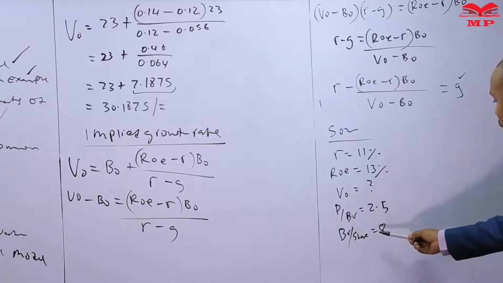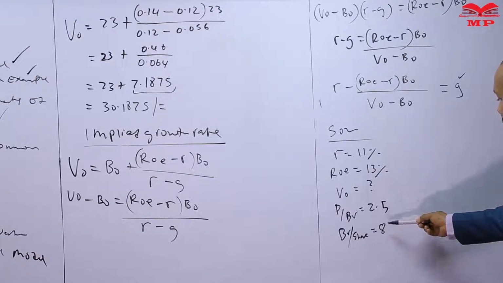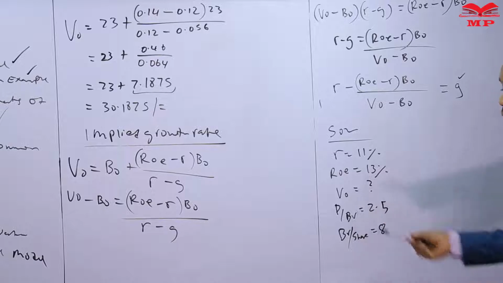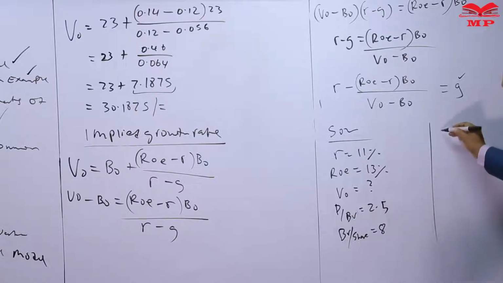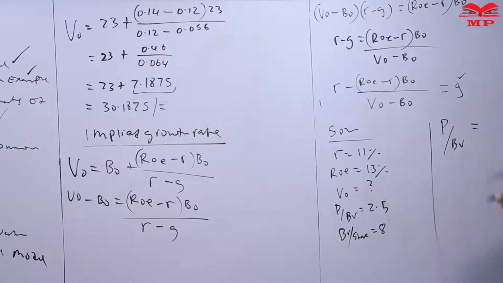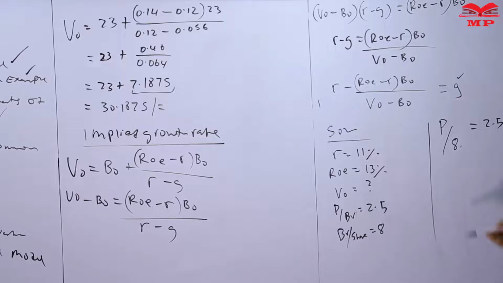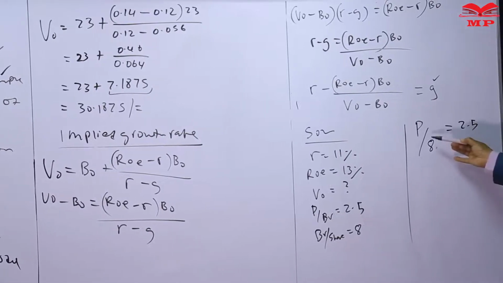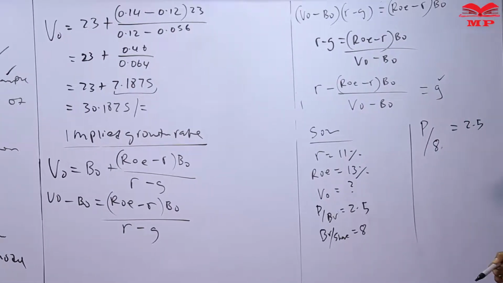On cross multiplication, if we multiply 2.5 by 8, we will get the market price per share.